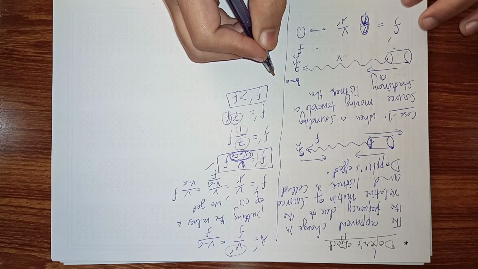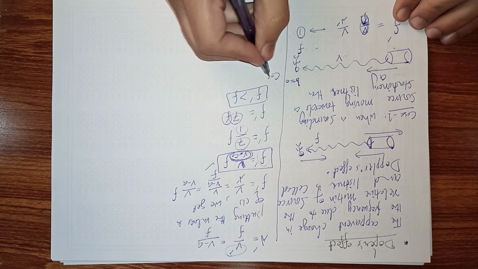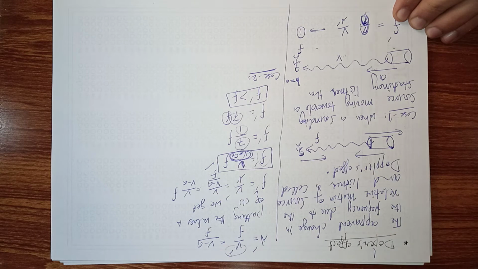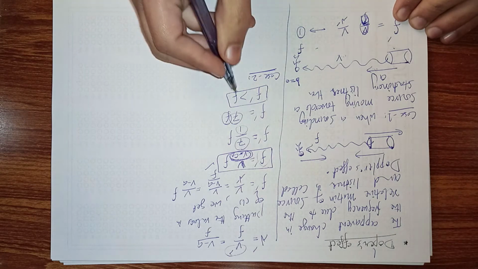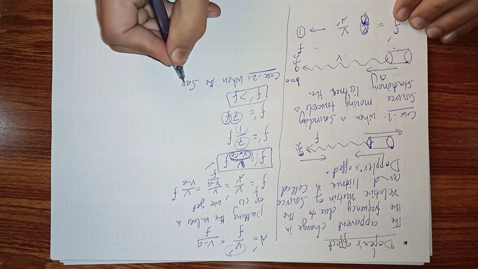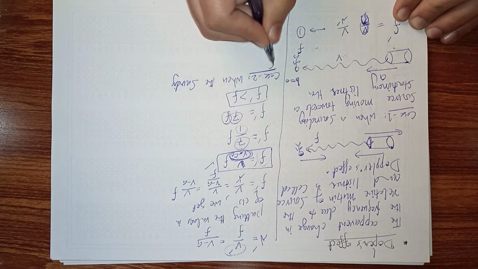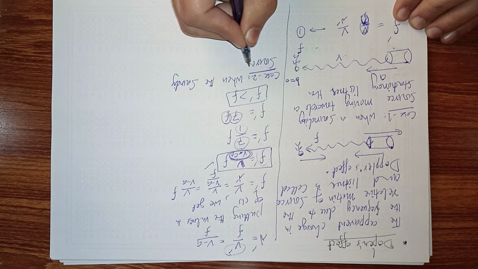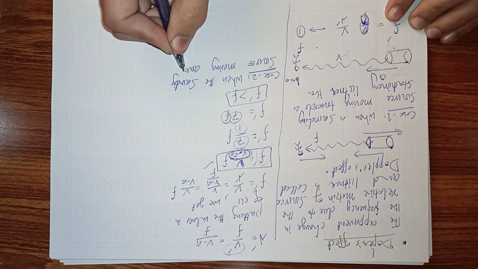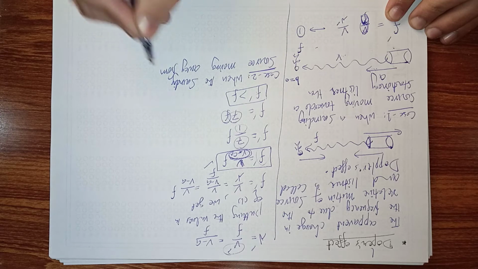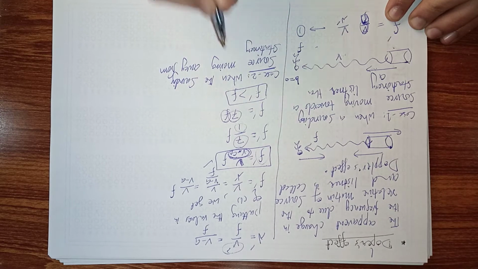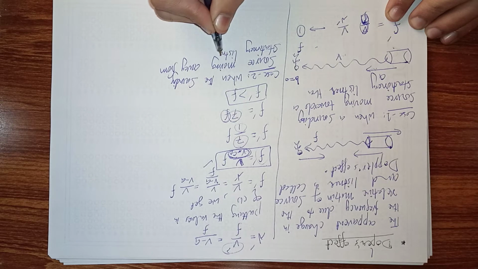Okay, now we talk about case number 2. Case number 2 is when the sounding source is moving away from the stationary listener.